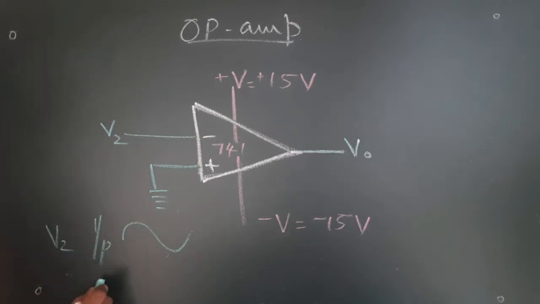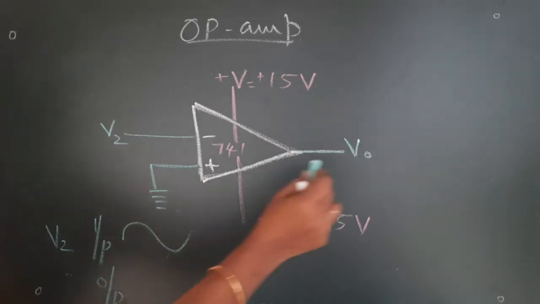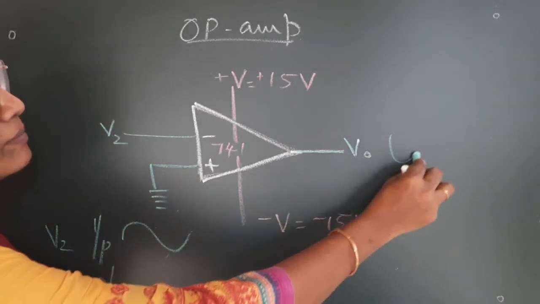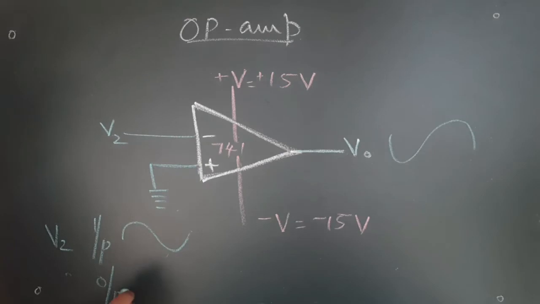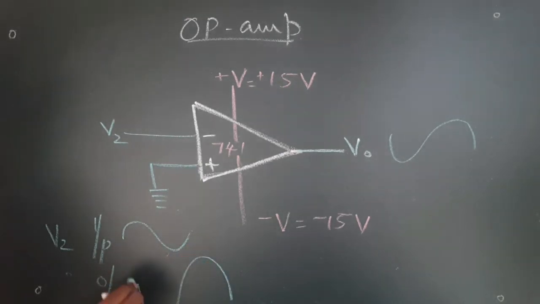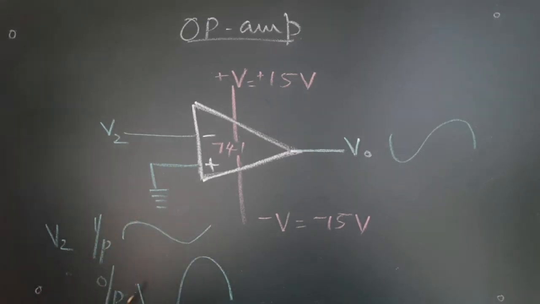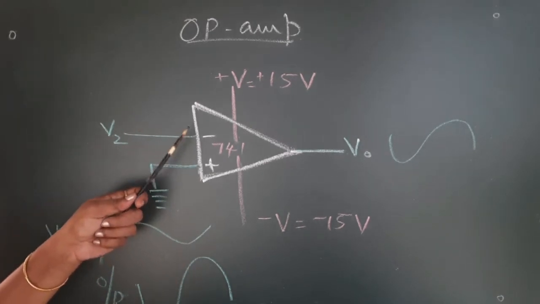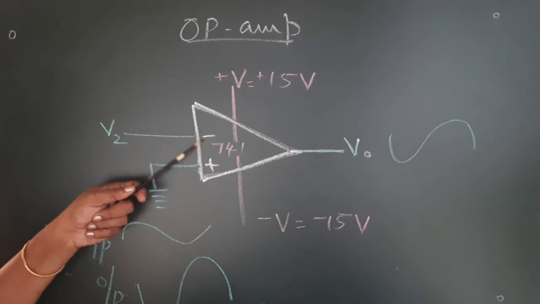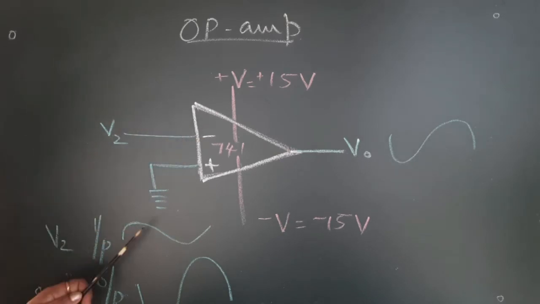My output here would be something like this. It will be amplified, but it will be out of phase. With respect to the input, this is my input, this will be my output. So, when the input is given at the inverting terminal, the input and the output will be out of phase.